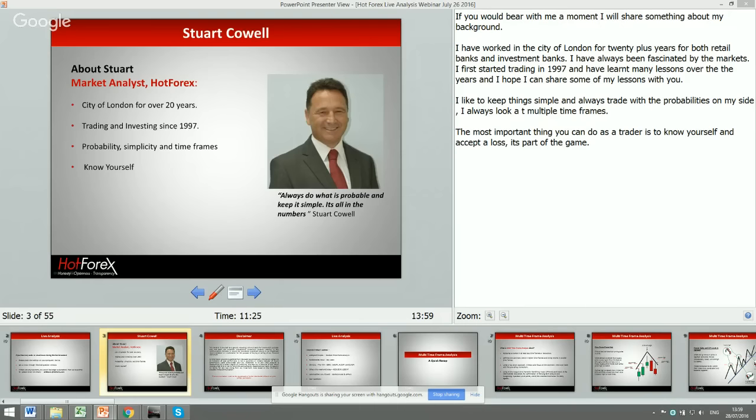Four things I've learned over the time: do what's probable, keep it simple, look at multi-time frame analysis, but most importantly, know yourself. If you don't know yourself, you're never going to be a successful trader. So what sort of person you are, what sort of risk profile you're prepared to accept, and once you get your head around that, then you can move forward. You can move off first base, really.